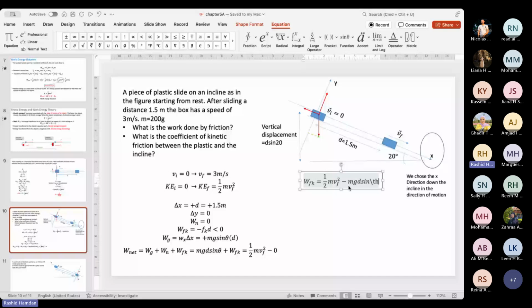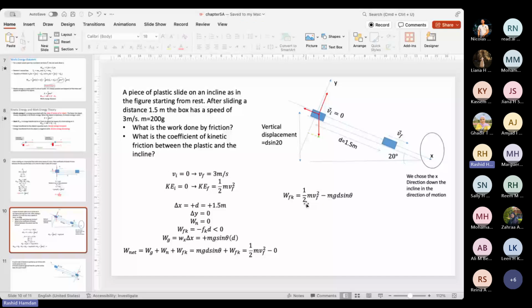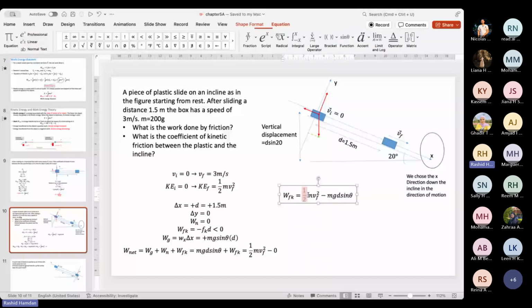Let's stop here for a minute and analyze this result. So basically, we are gaining kinetic energy. This kinetic energy comes from the work done by weight, by the gravitational force. We are falling down. We're not falling straight down, but we are going down vertically. So the work done by the gravitational force is positive, and it's equal to mg d sine theta.